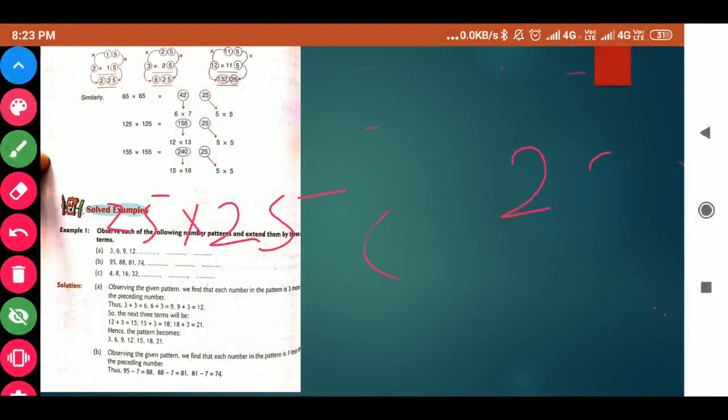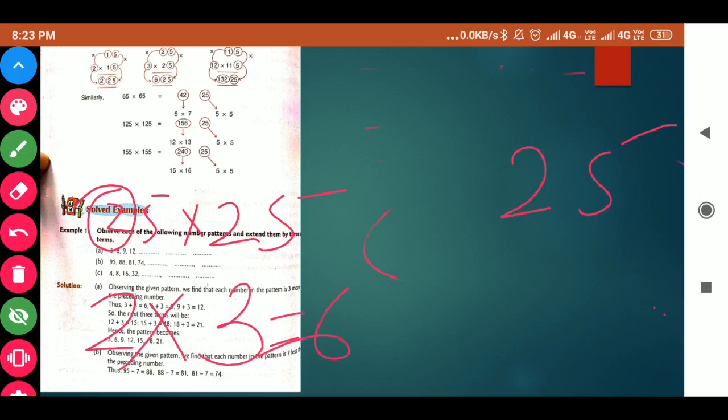Now which number is left? 2. So multiply this 2 with the next consecutive number, and the next consecutive number of 2 is 3. So 2 multiplied by 3 is equal to 6, and we write 6 at the left side of the 25, and the answer is 625. I hope you all understood this.